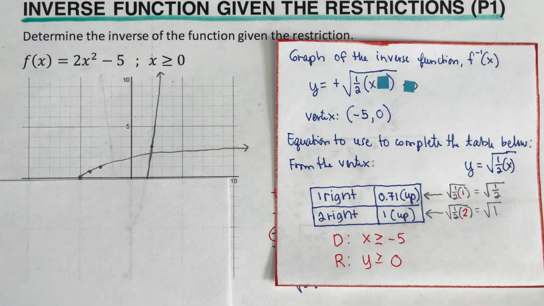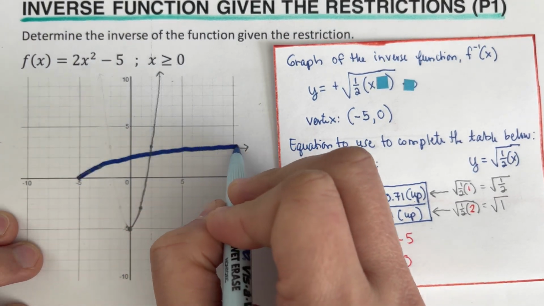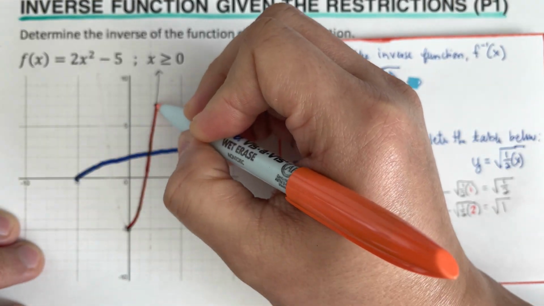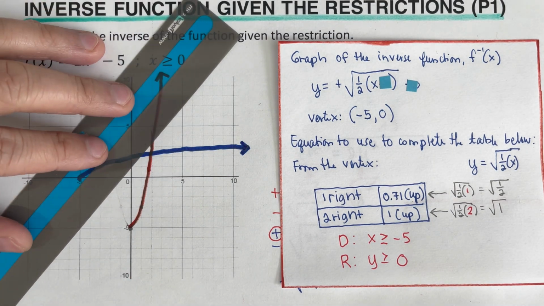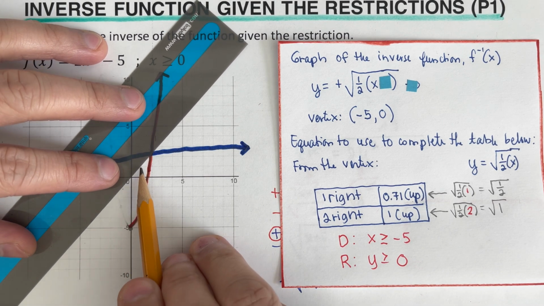So then I'm going to use a different color for the function and the inverse. Okay, looking at this, we can tell that these two are symmetric to each other with respect to the line of symmetry, which is y is equal to x.